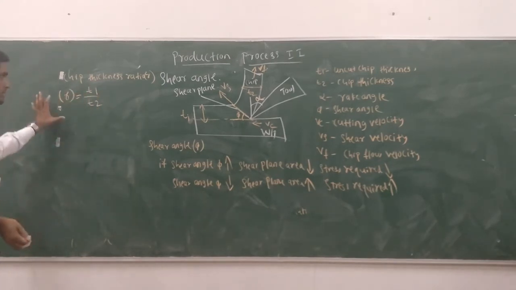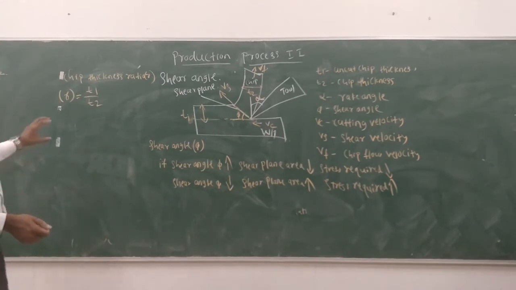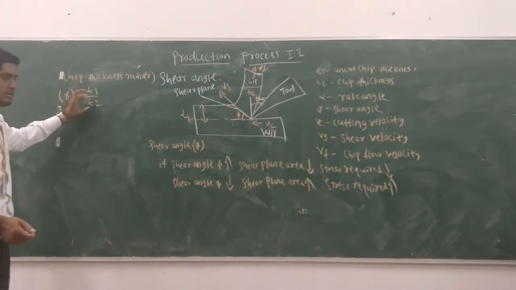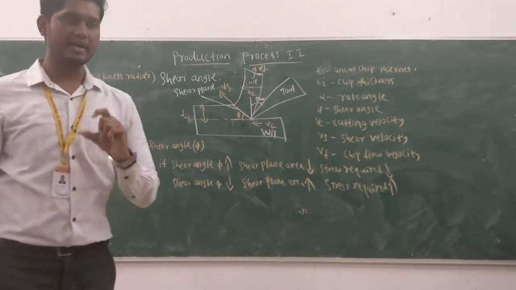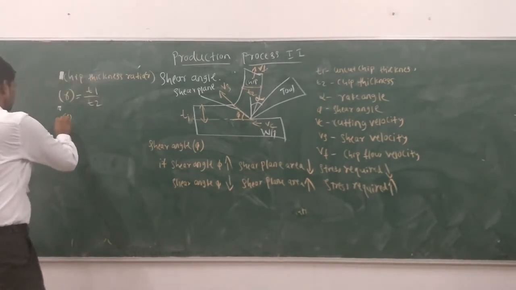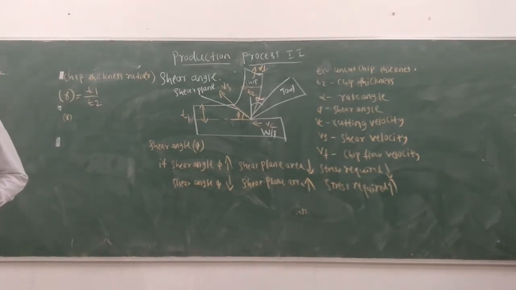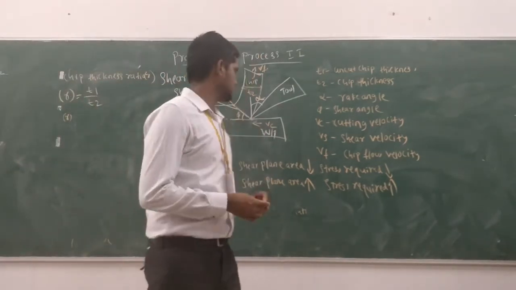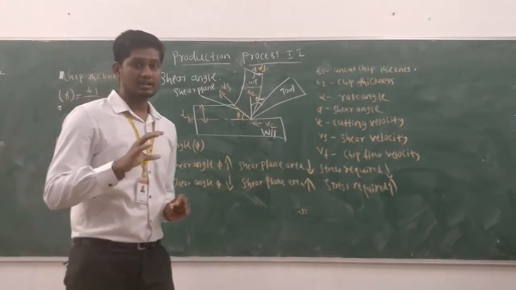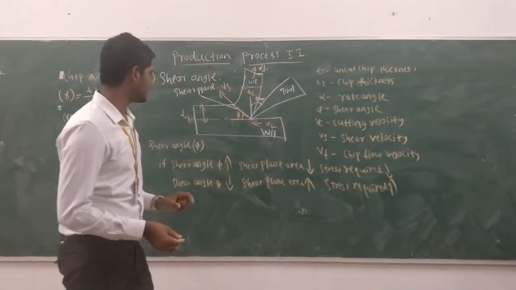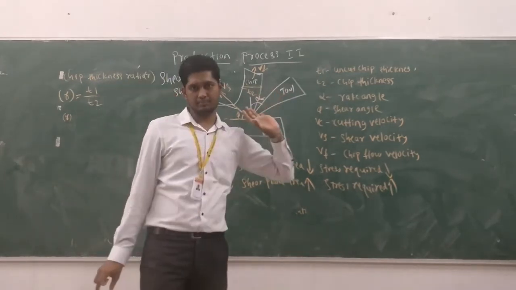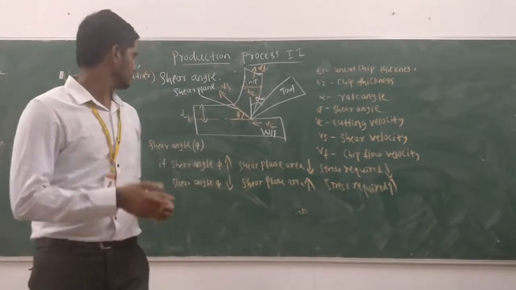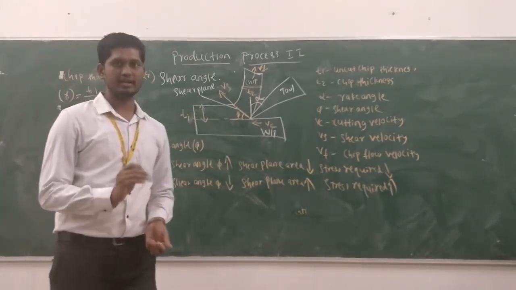I repeat, chip thickness ratio r is the ratio of uncut chip thickness to chip thickness. Physically, the chip thickness ratio indicates the amount of plastic deformation that has taken place in the conversion of uncut chip thickness into the chip.